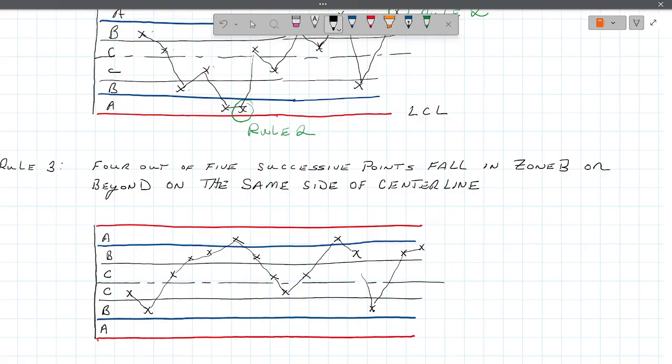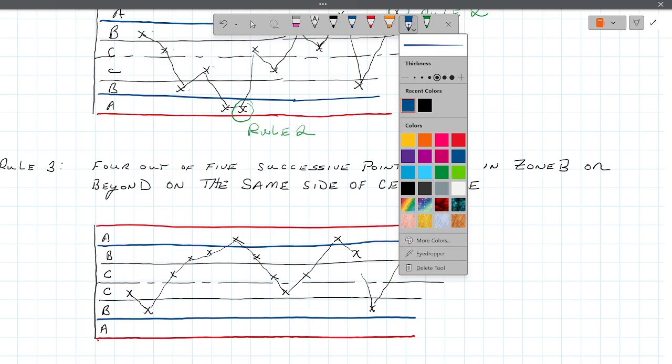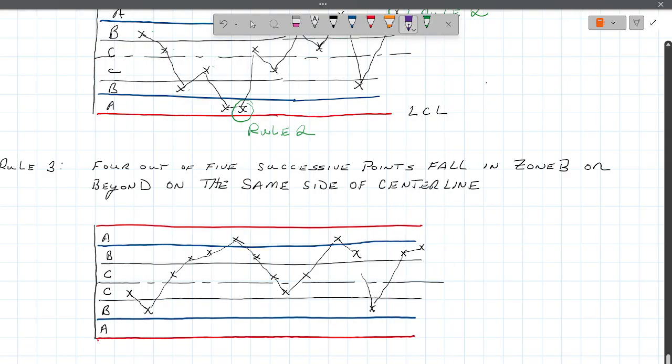Okay. So I'm looking for things that I can flag with Rule 3. All right, so where do you see the first one?